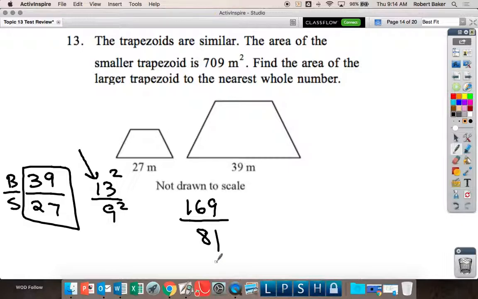Now it says the area of the smaller trapezoid is 709. So does that go on top or bottom? And that's where we just do cross multiply and solve for x, the butterfly technique, bat and ball, whatever you want to call it. So 169 times 709.